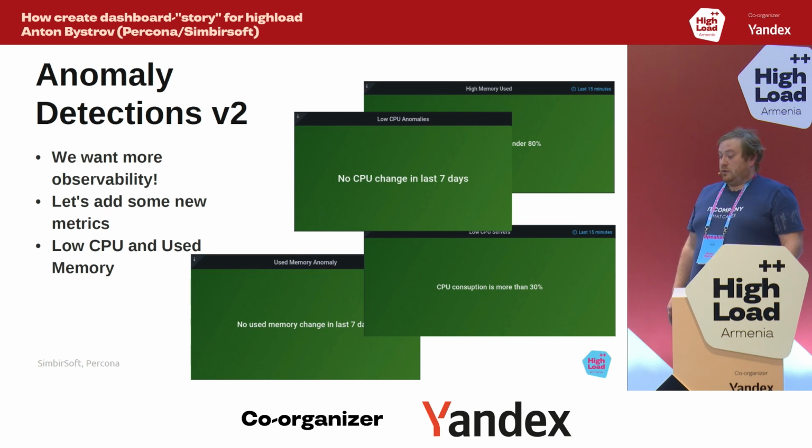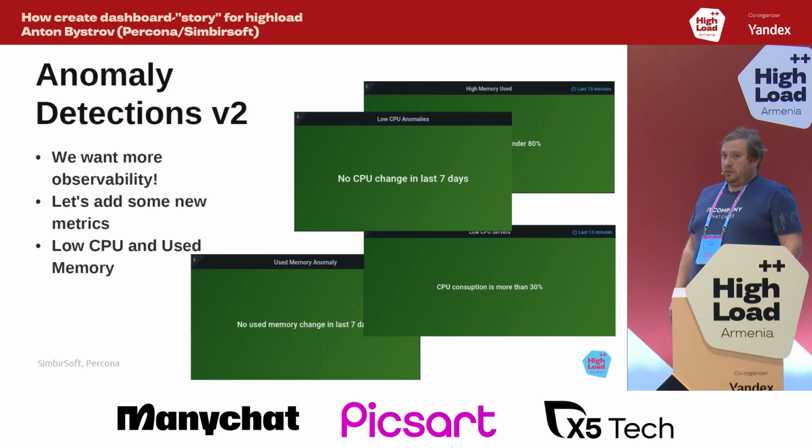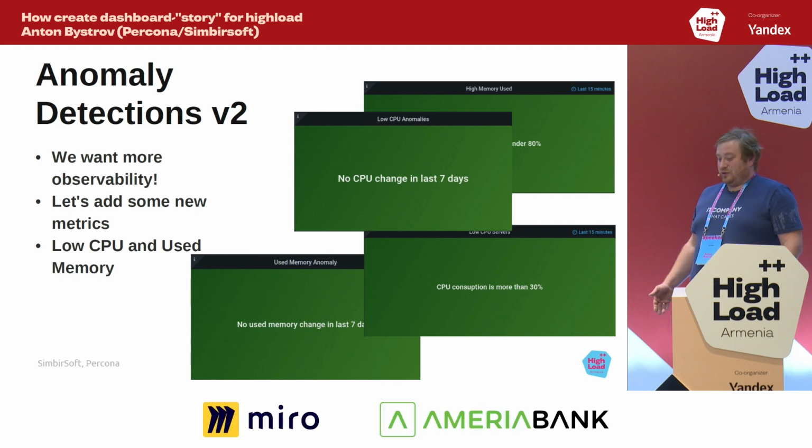We added panels like memory, because memory usage is one of three main metrics: CPU, memory, and disk input-outputs. And also we added one interesting panel, low CPU. Why?